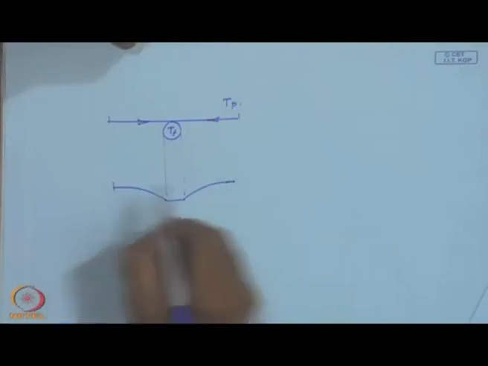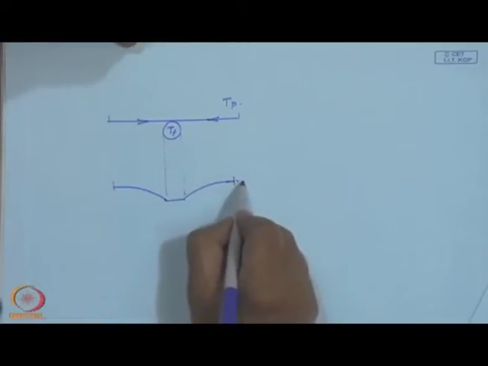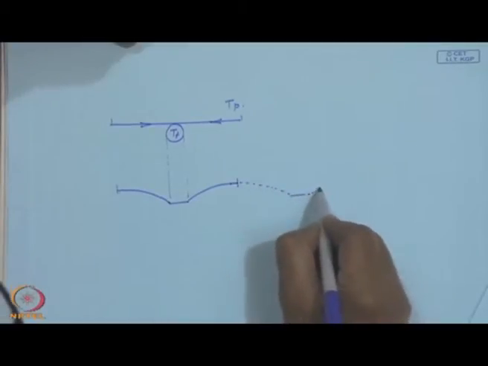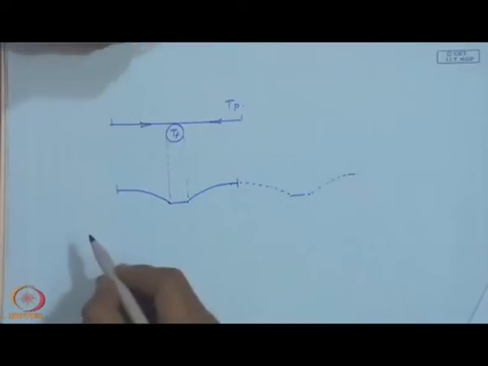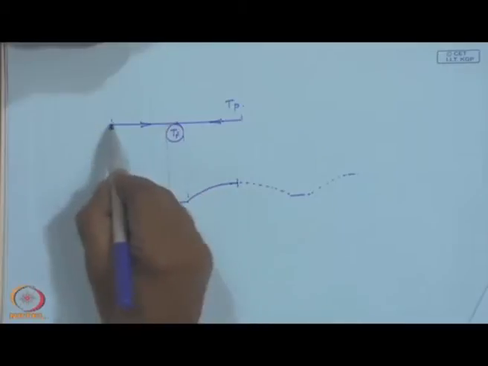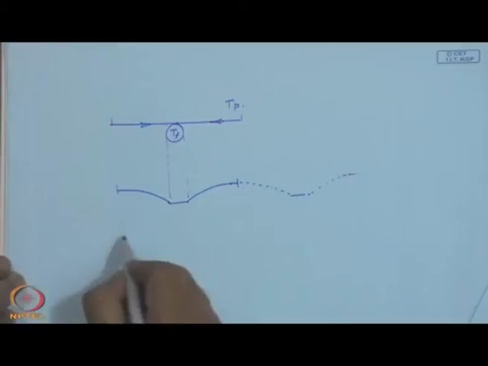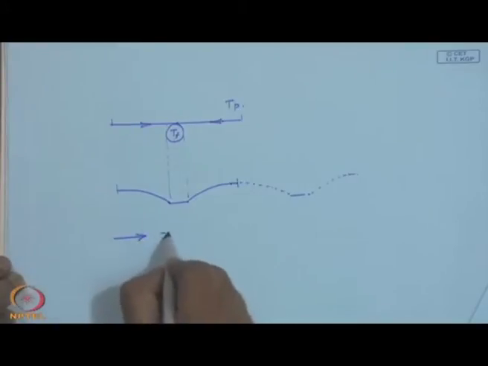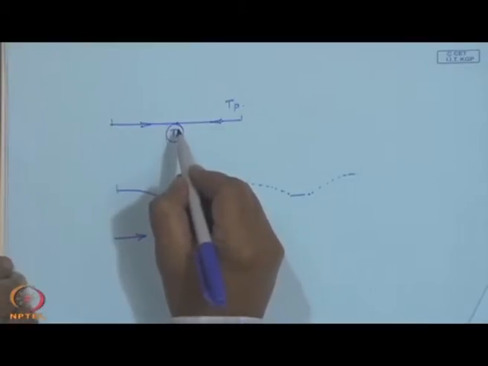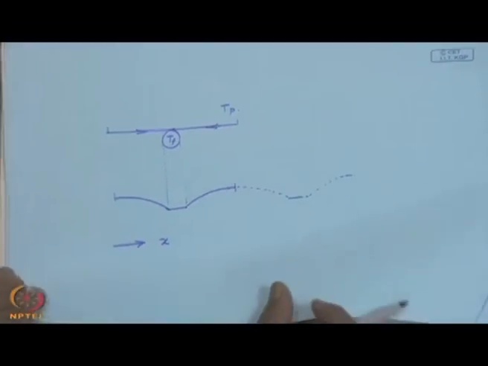So, the temperature is highest at the symmetric plane, because again it will continue like this, then another tube, again it will continue like that. Okay. So, we have taken a half a sheet on this side and another half a sheet on this side for a particular tube. This is in the x direction. We are saying that the temperature variation around the periphery is negligible. So, this is a constant temperature.